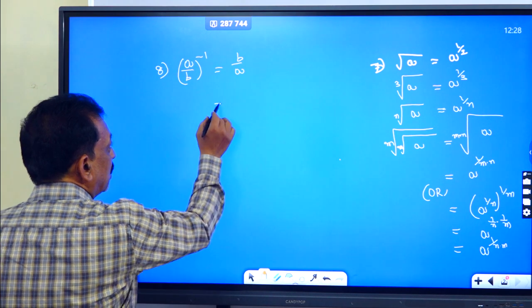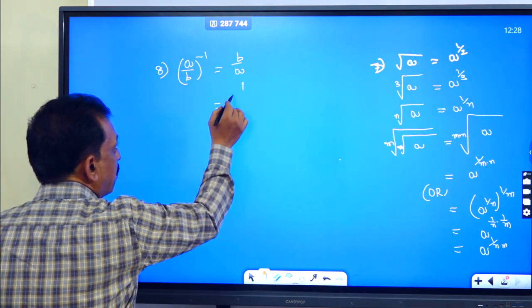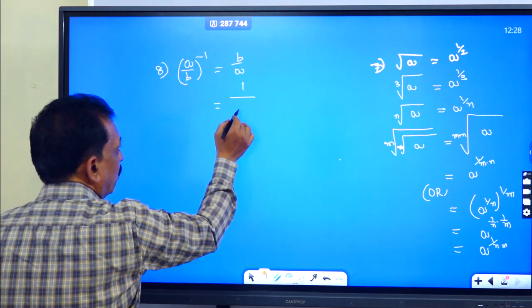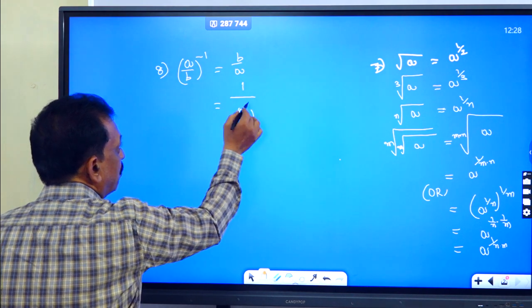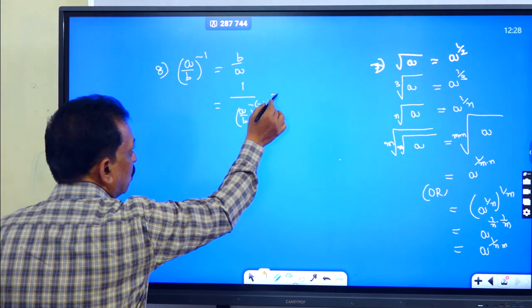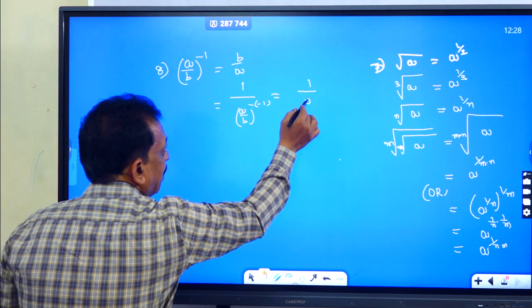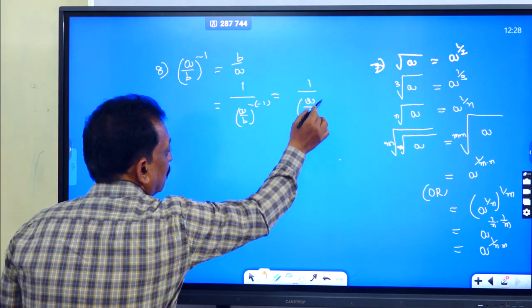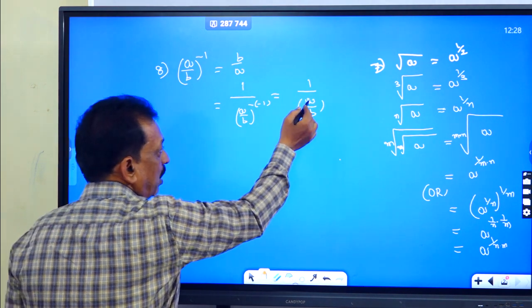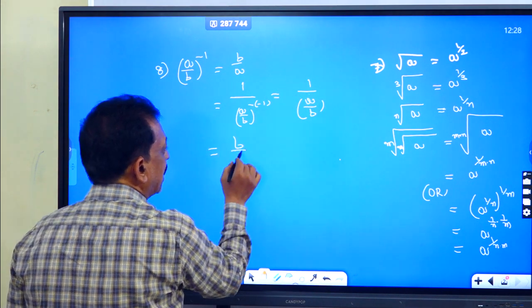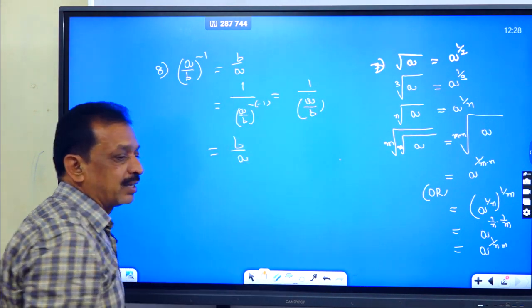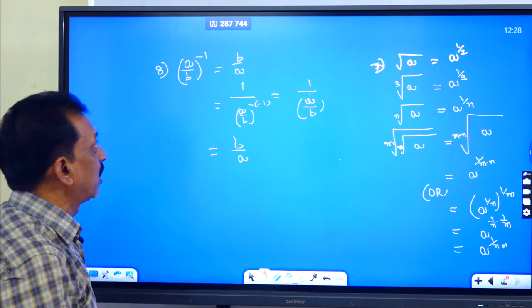So this is nothing but 1 by a by b whole to the power of minus 1, which becomes plus. That is equal to 1 by a by b. So denominator having another denominator, what is the numerator? That is equal to b by a. You can write directly once you know. Otherwise, in examination solving, this much time is not required.